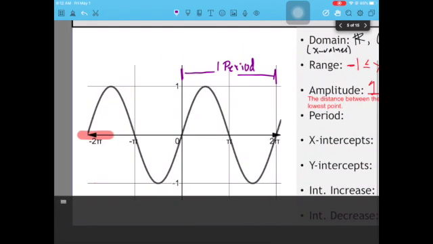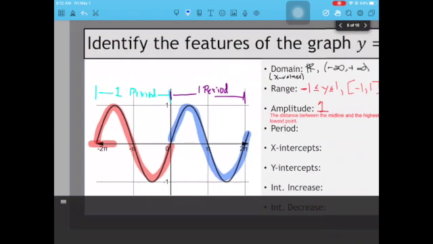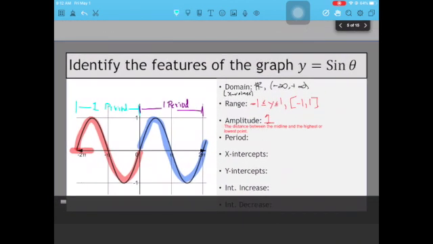And we have another period over here too, from negative 2 pi all the way to 0. That's another period. So there's 1, and then there's 2. So in this case, the distance of the period is just going to be 2 pi.